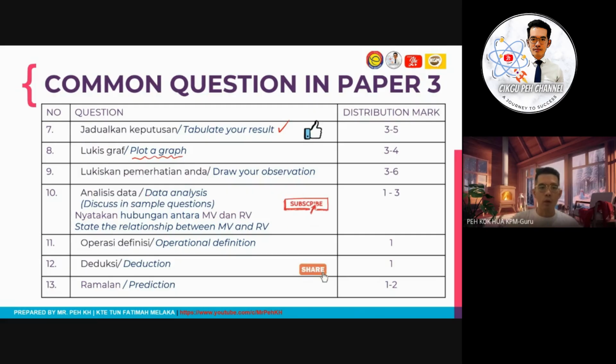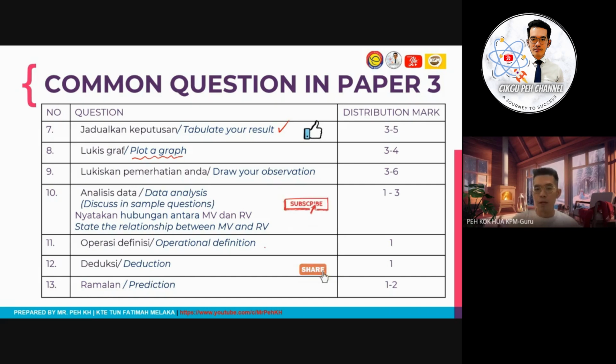Another common question asked in paper 3 will be data analysis. The question will ask you about the relationship between MV and RV, and then ask you to do some calculation related to the graph, for example gradients and others. Operational definition can also be asked as a common question.